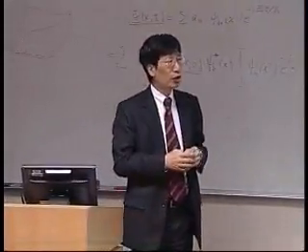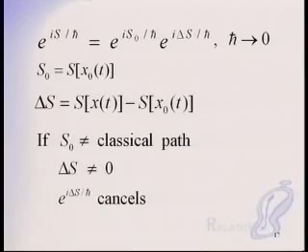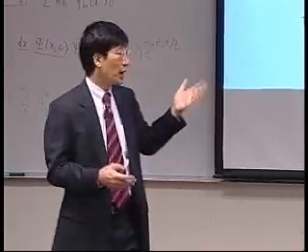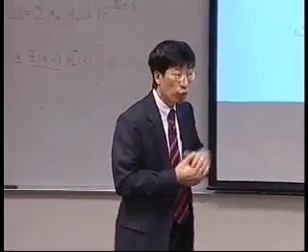Now let me look at the phase factor. S for any of these paths would be S0 plus delta S, where S0 is the phase for the central path, the red line, and delta S is the difference between the neighboring path and the central path within that bunch.